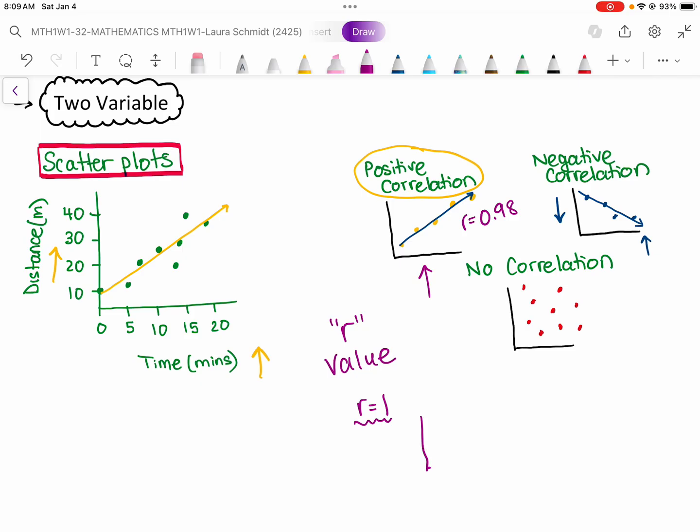So that would be completely on the line, like that. It doesn't necessarily have to be straight. It could be a relationship that even looks like this. That could still have an R value of 1. So like this R value could be 0. So an R value between 0 and 1 means the points are very close to the line.